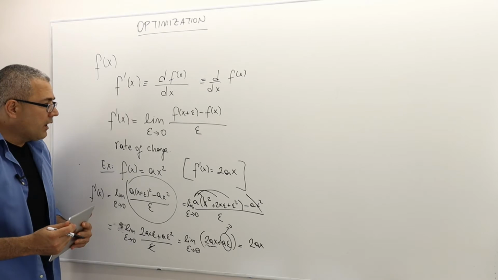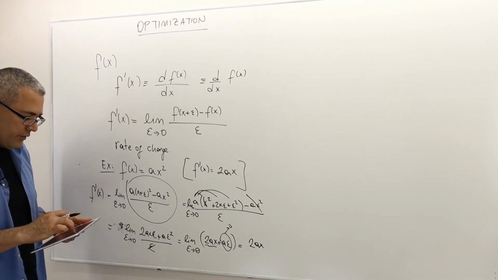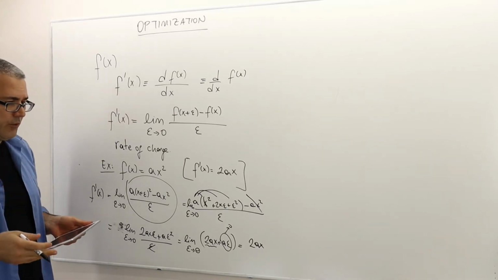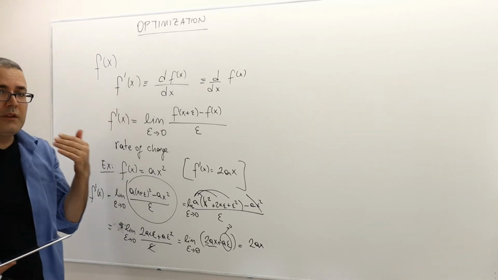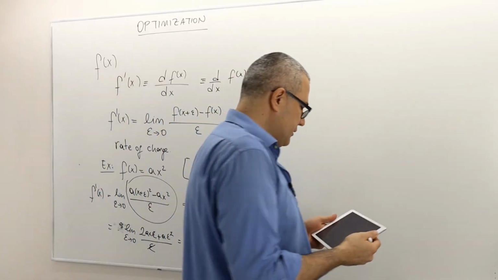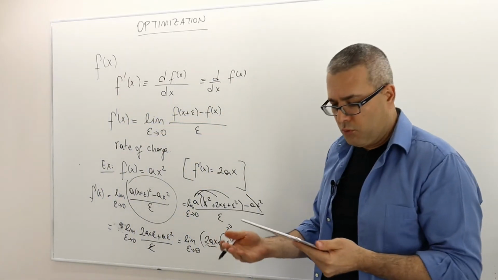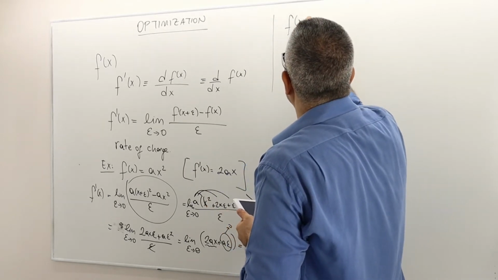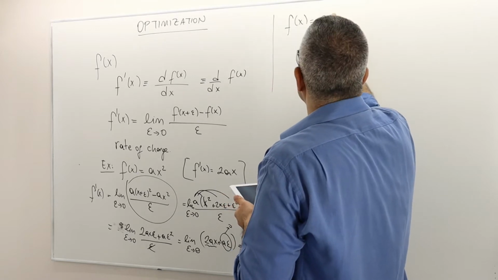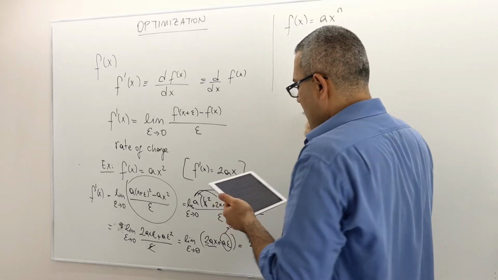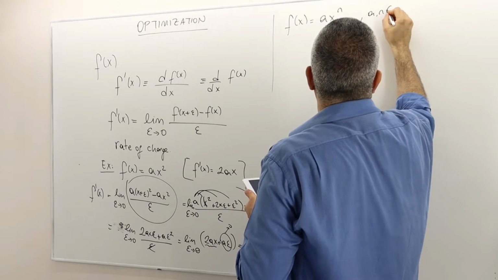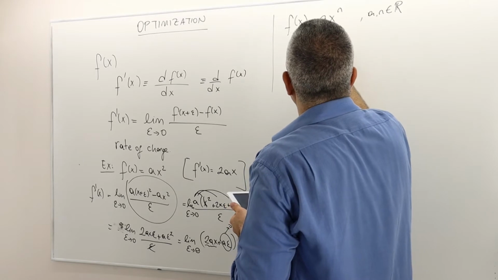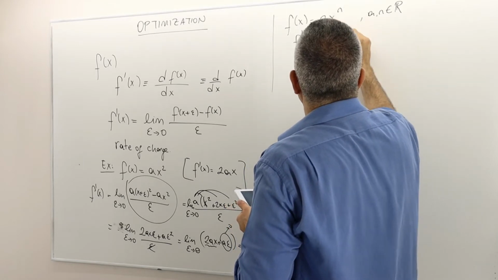Obviously we do not use the definition of derivative every time we try to calculate the derivative of a function. There are some simple rules. For example, if it is a power function, f of x equals a times x to the power n, where a and n are real numbers, then f prime of x is simple: it's a times n times x to the power n minus 1.